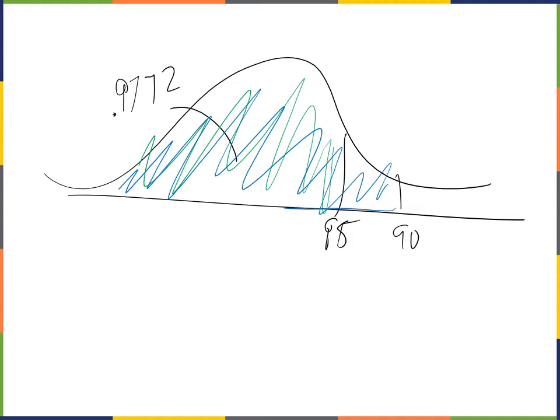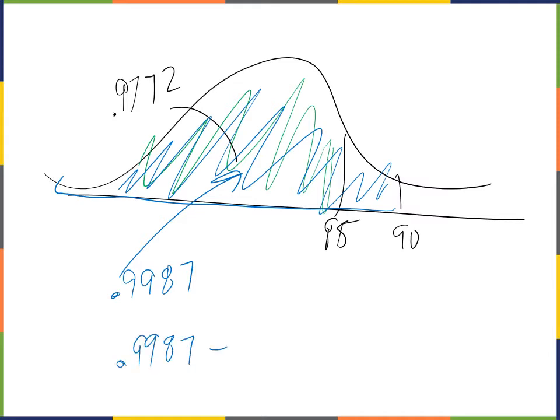So that's this blue area. So if I take 0.9987 and subtract 0.9772, that'll tell me what the probability of getting between 85 and a 90 would be.